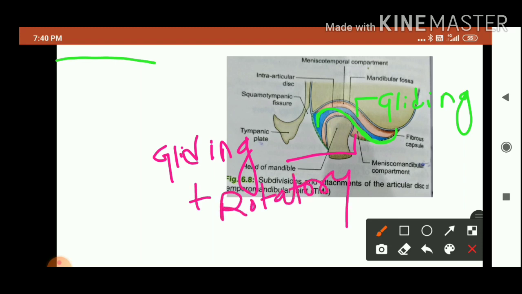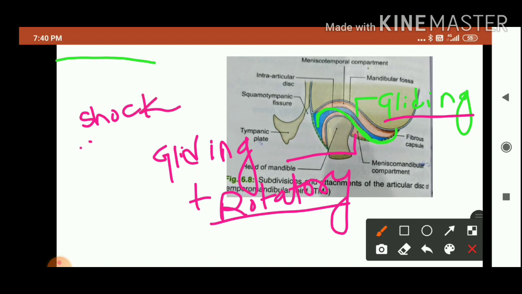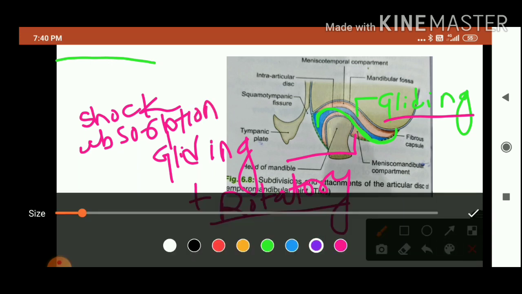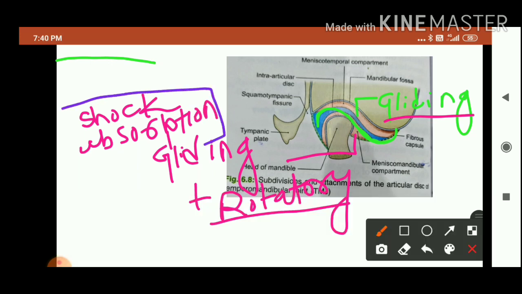So the upper compartment is basically gliding and the lower compartment is rotatory movement. And what is another function of this articular disc? It basically helps in shock absorption.